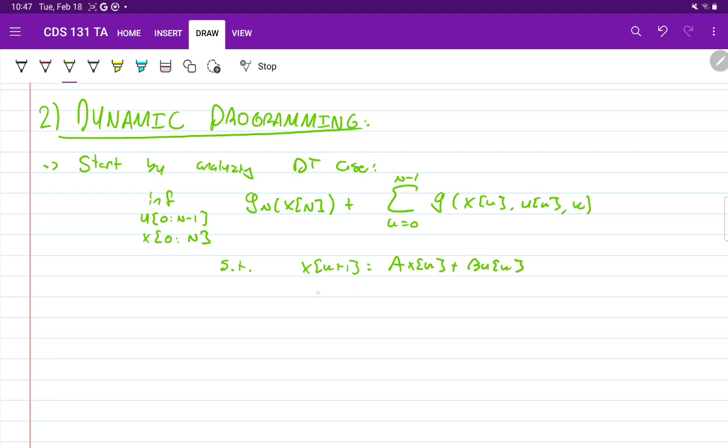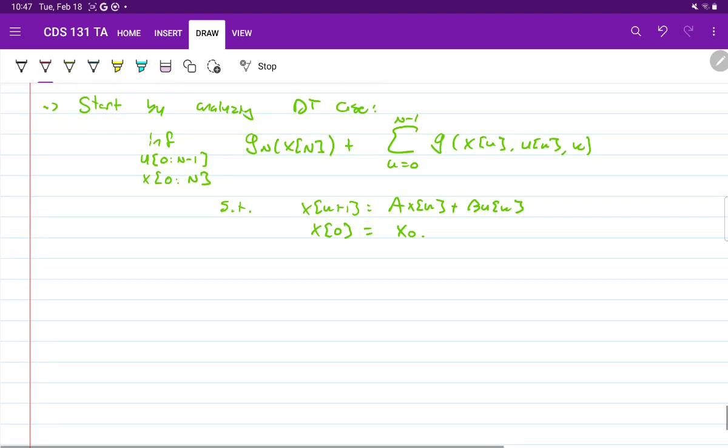This needs to hold for all k, and subject to the condition x of 0 equals some x naught, okay? So even though this is a big improvement over what we had before, this is still a really hard problem to solve.